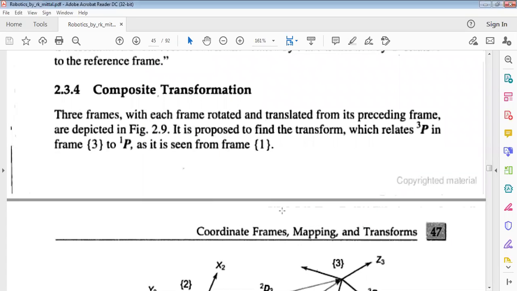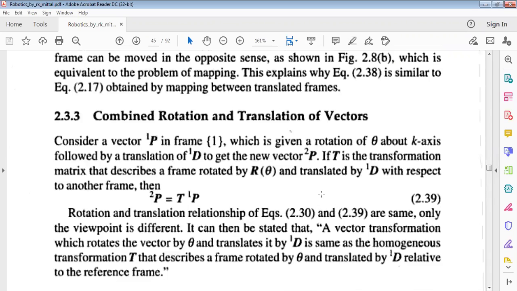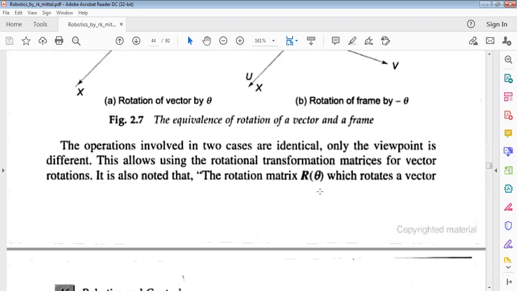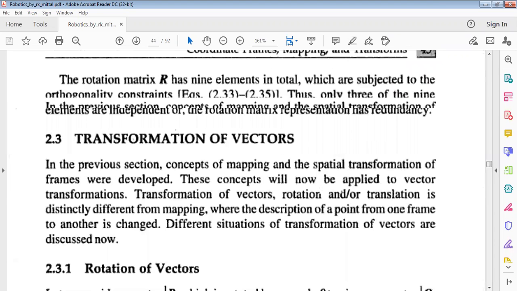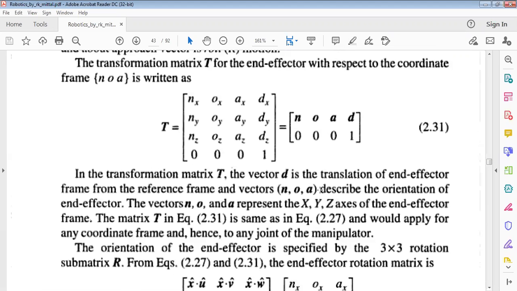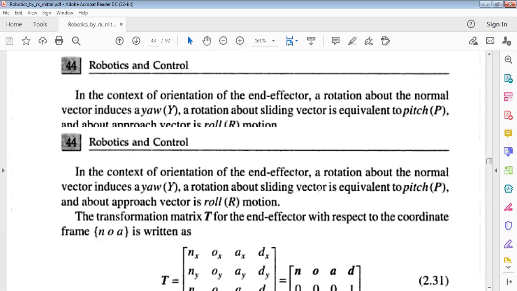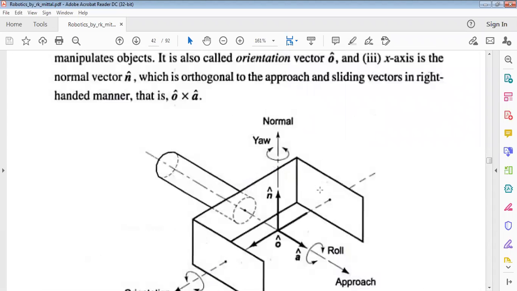Okay, or else let us discuss briefly the summary of today's lecture. Okay, previously, in the last class and the class before, we discussed the mapping between the frames, the relation of mapping between the frames.